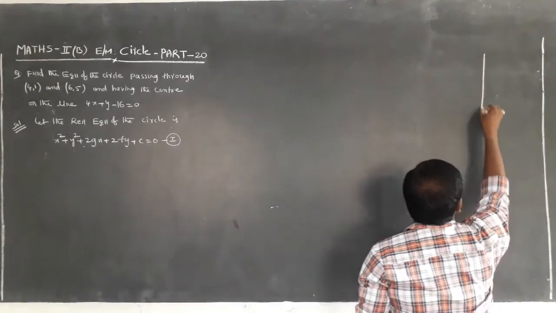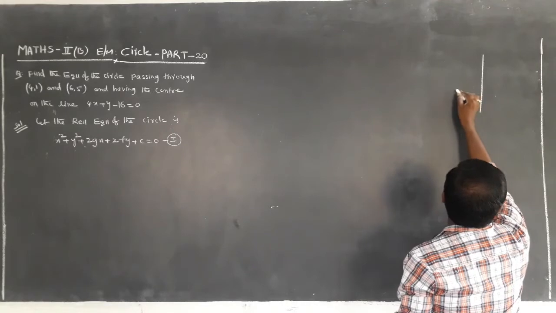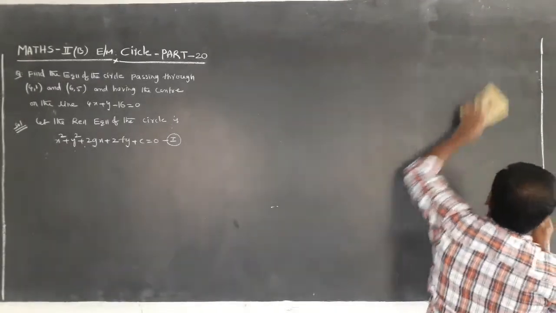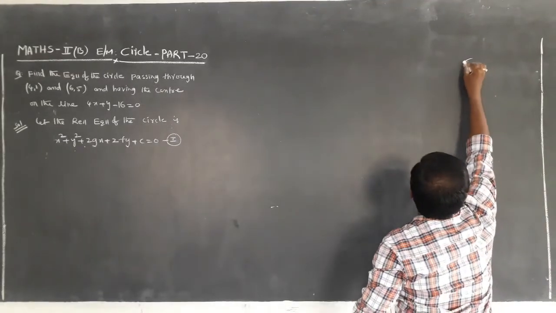Here the circle passes through the 2 points and its center is on the line.